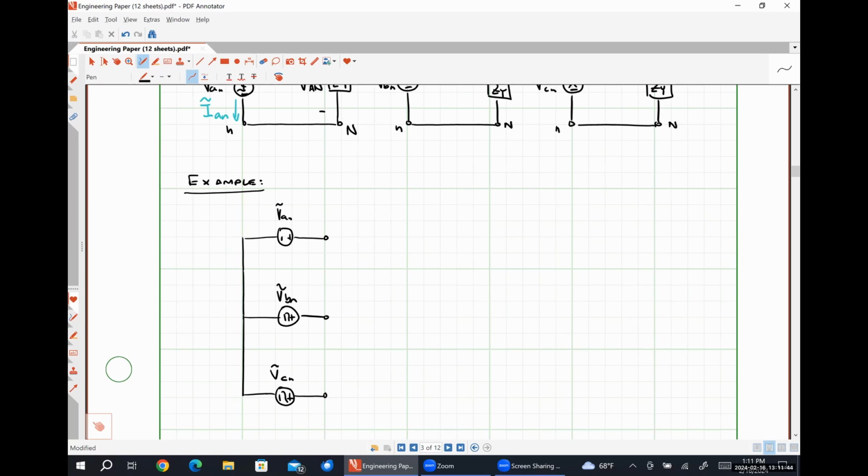This is going to be a three-phase, three-wire system, so I'm not going to explicitly include any neutral conductor.